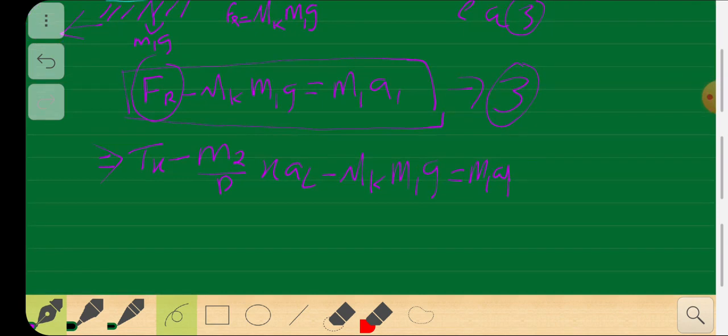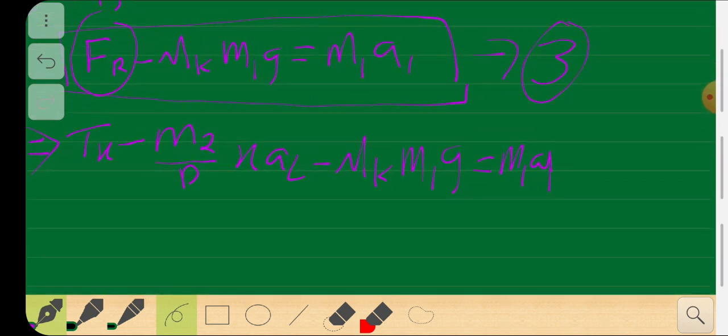Now what I'm going to do is rearrange this thing, so that I get Tx must be equal to m2 dx by dl a plus, this goes to the other side, so it's mu k m1 g plus m1 a, right? So it was simple.